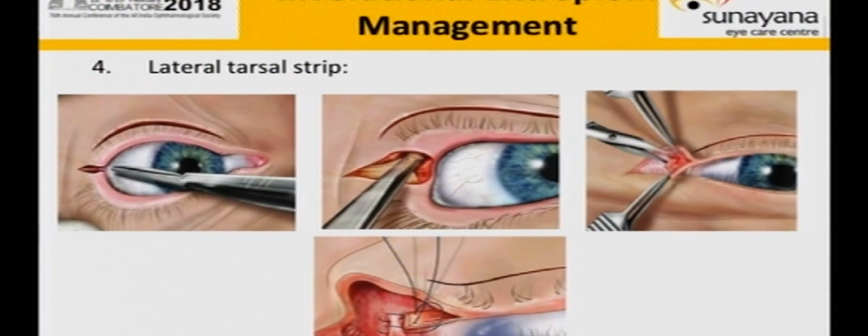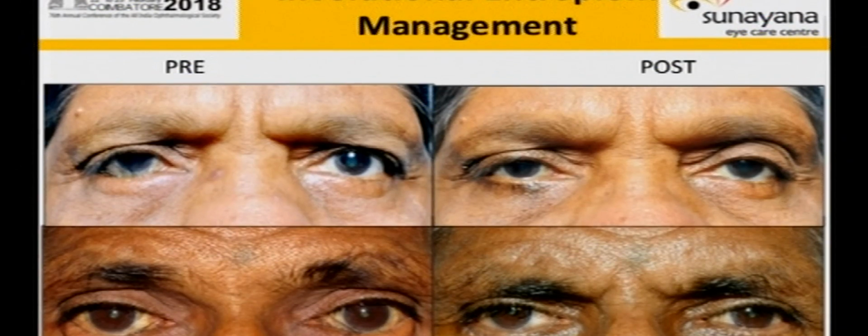This would in turn lead to tightening of the lower eyelid. Here are some of the pre and post photographs, and this wound heals really well. The scar would not be visible beyond 6 months. But this is adequate correction. If you tighten more than what is needed, then you might end up with eversion.